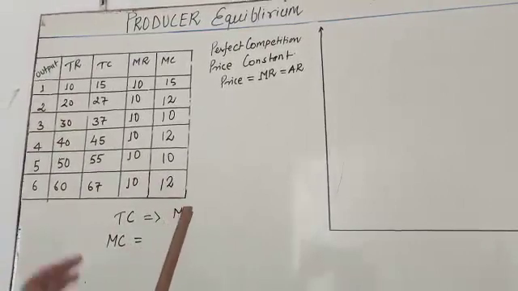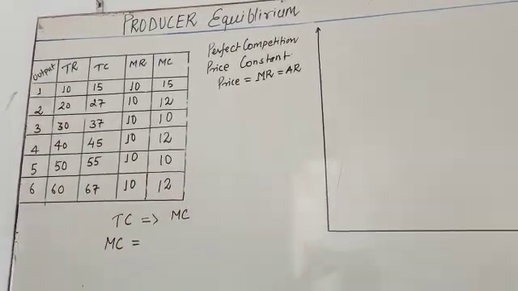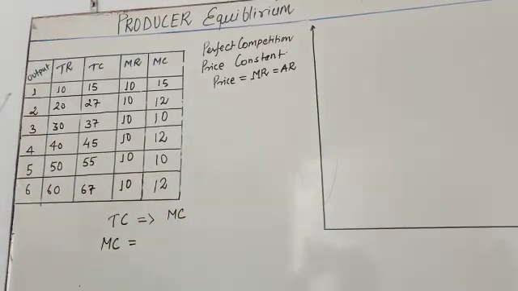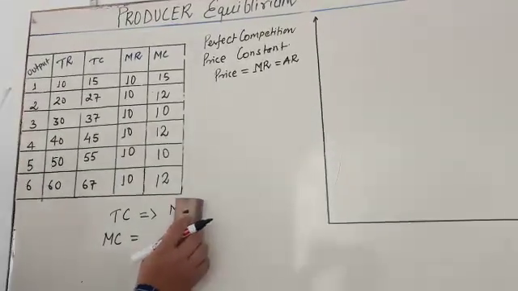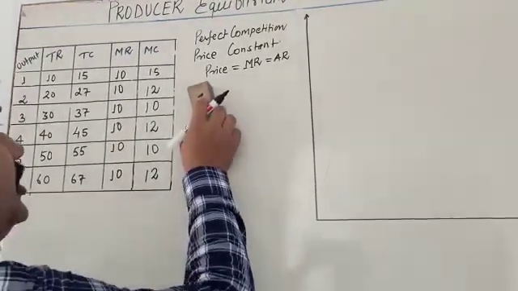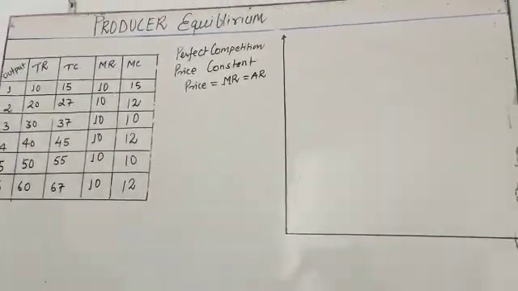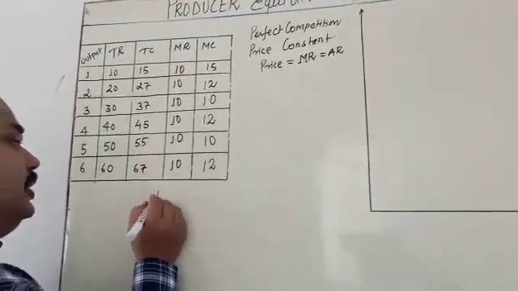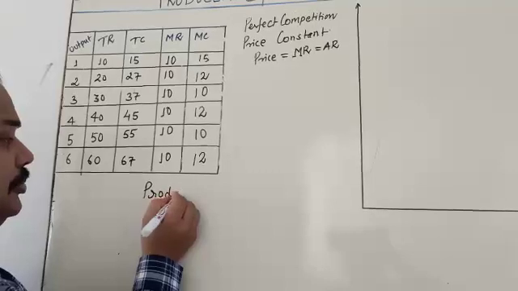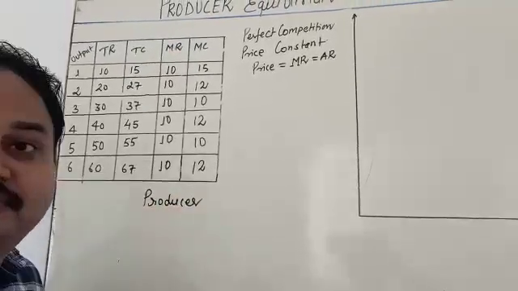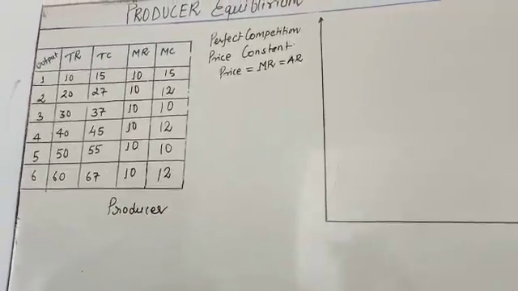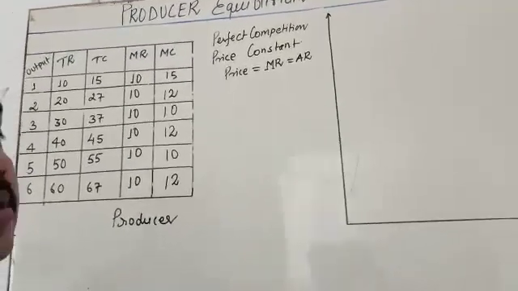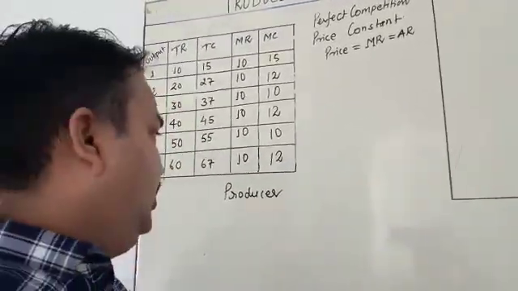After this, I am going to explain what the condition requirement for equilibrium is. So my dear student, today's topic is producer equilibrium. Producer equilibrium means the producer is going to be satisfied. Why is he satisfied? Because he is getting a profit.